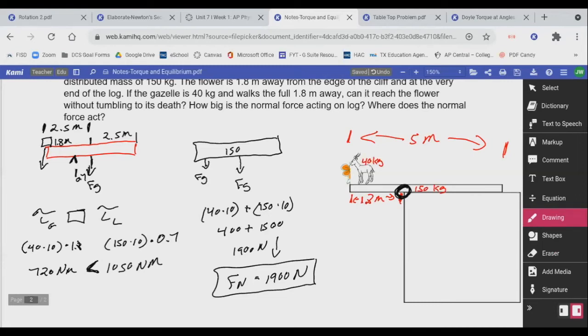So I'm going to do FG with a capital G for gazelle, and this is FG for the log. That's my free body diagram. And then it's sitting on the ground, so I know I have a force normal up. And since it's not moving, it's balanced forces.